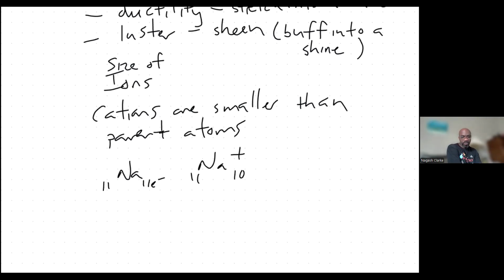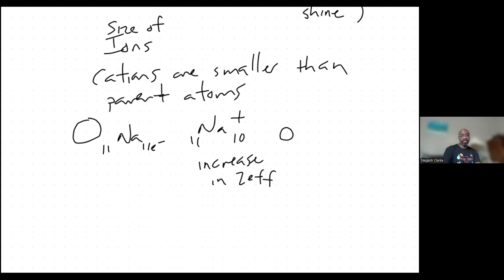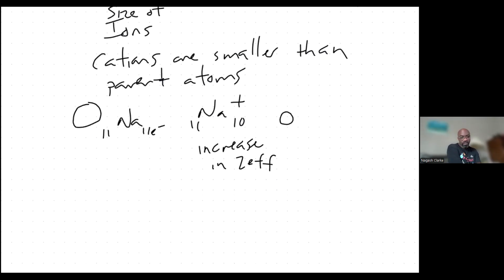So we have an increase in effective nuclear charge. I've lost a shell and an electron, so I have more protons compared to electrons, and a smaller radius compared to this bigger radius. Cations have a higher Zeff than their parent atoms, whereas anions, let's take chlorine, with 17 protons and 17 electrons, chloride has 18 electrons and 17 protons.